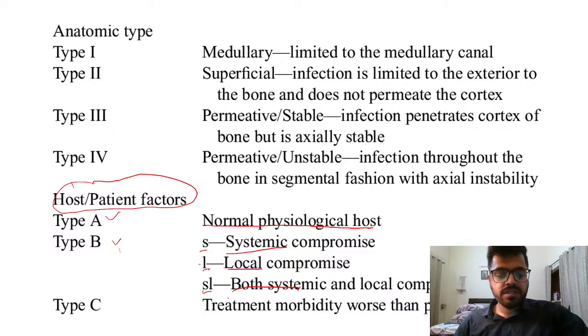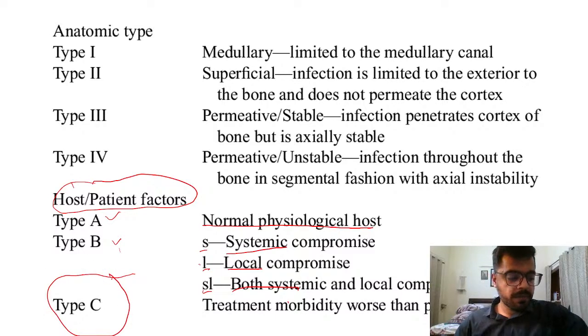And type C is treatment morbidity is worse than the present condition, so we should not touch this patient. The surgical treatment of a type C patient would lead to more harm than a benefit. That's why we don't usually operate on these patients.